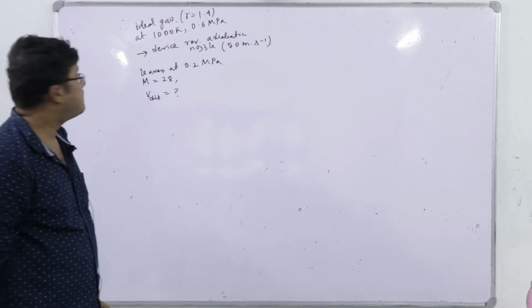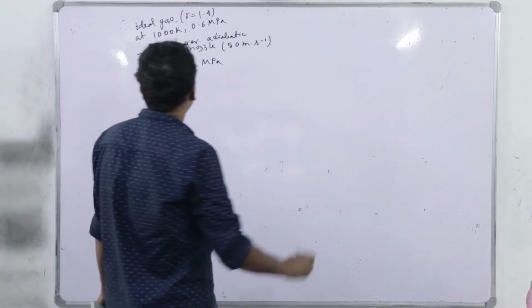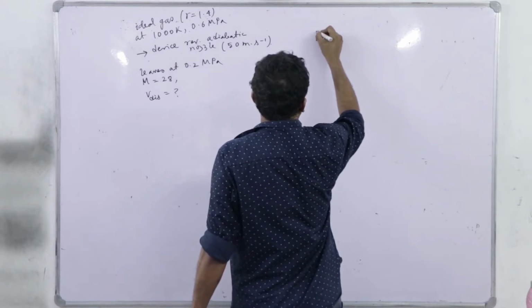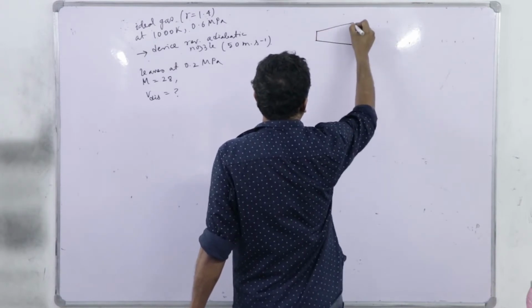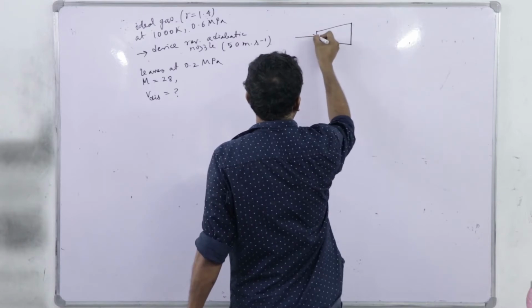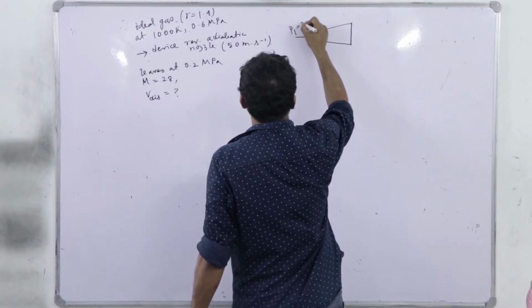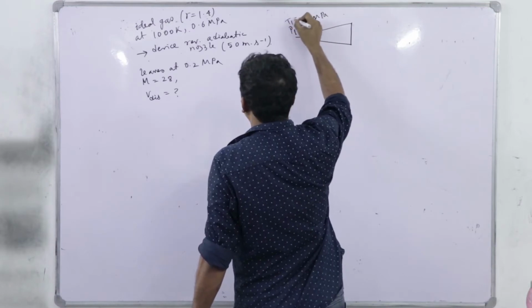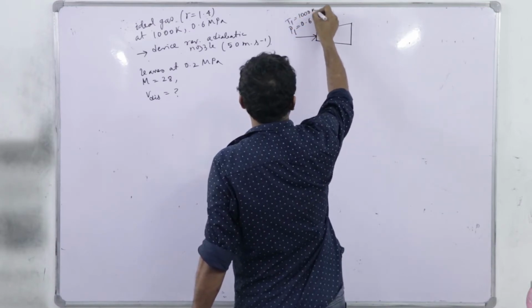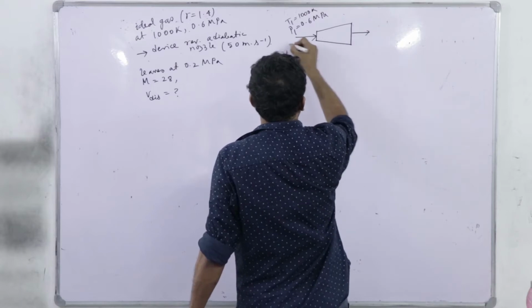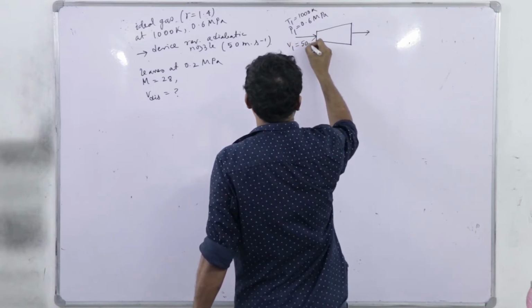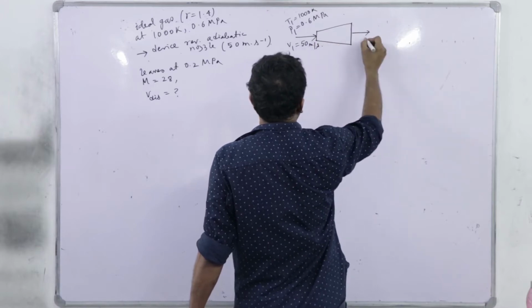So, you see here, if I think of this as a nozzle, P1 is equal to 0.6 megapascal, T1 is equal to 1000 Kelvin, V1 is 50 meter per second.